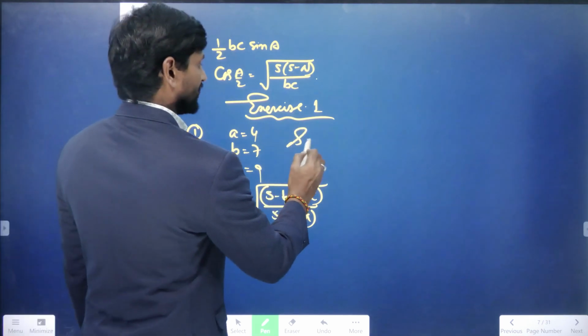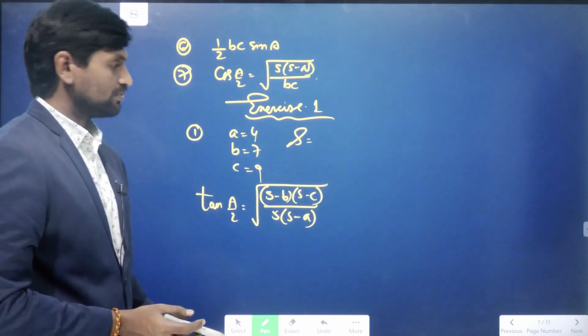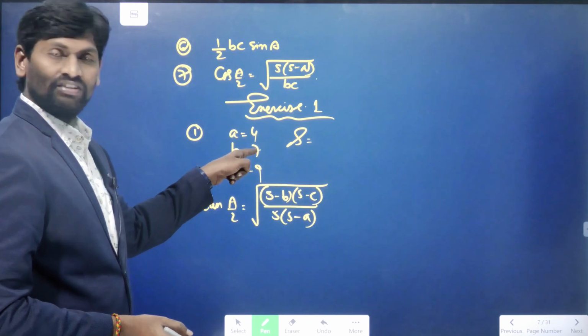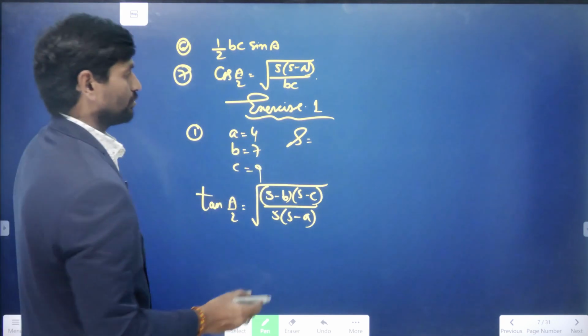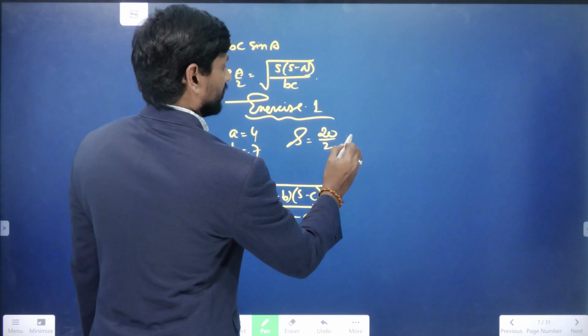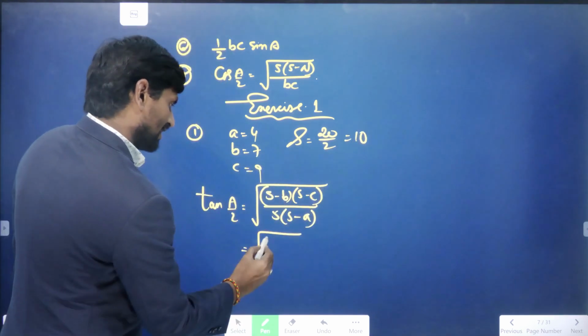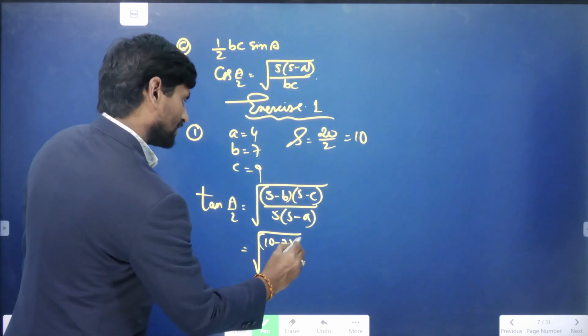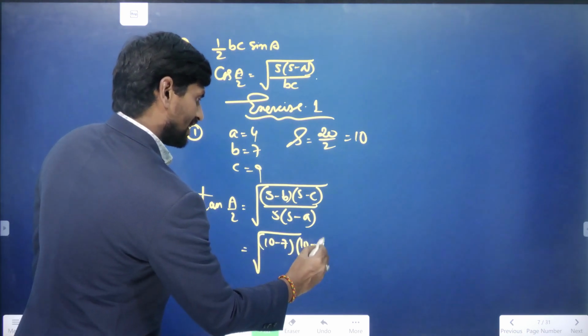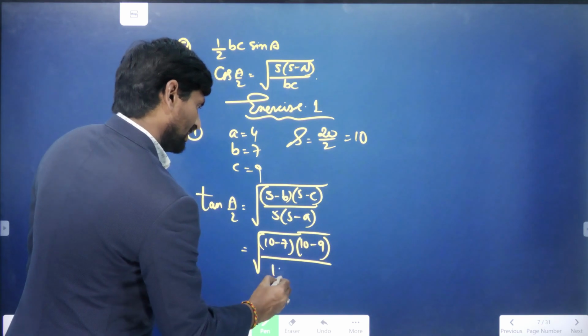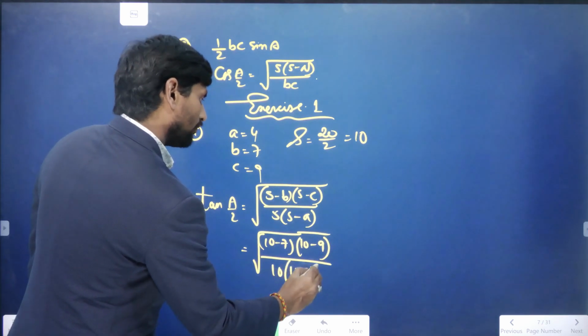S value is nothing but semi-perimeter, sum of all sides by 2. That means 4 plus 7 is 11, 11 plus 9 is 20, 20 by 2. Half perimeter, 20 by 2, 10. Substitute the values. Root over 10 minus 7, S minus B value, and 10 minus 9 by 10 into 10 minus 4.